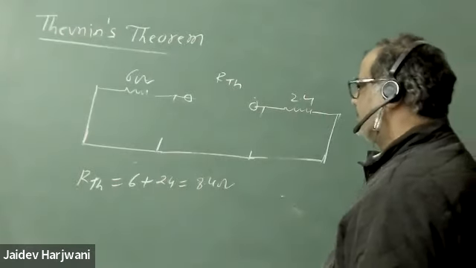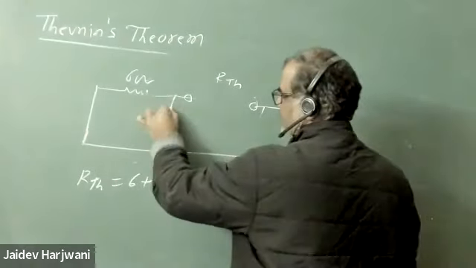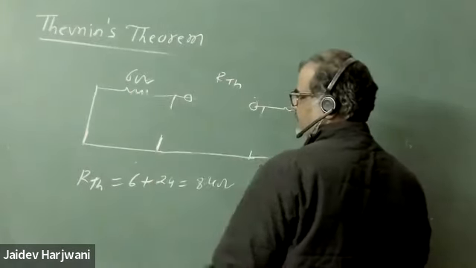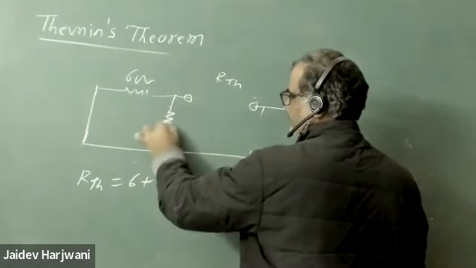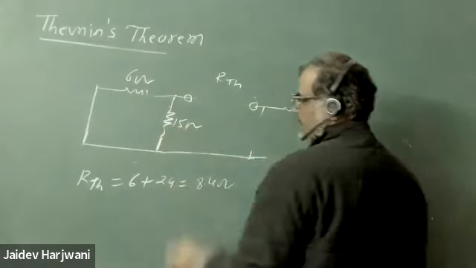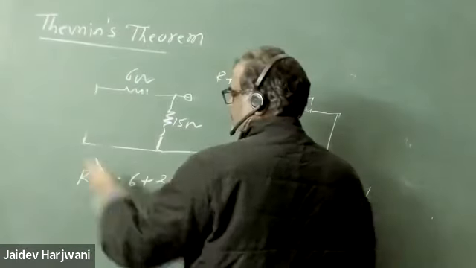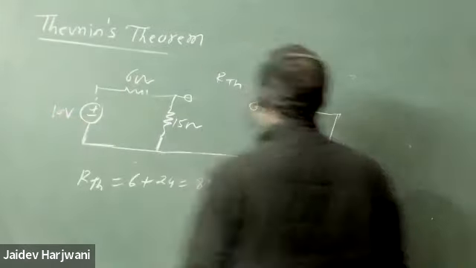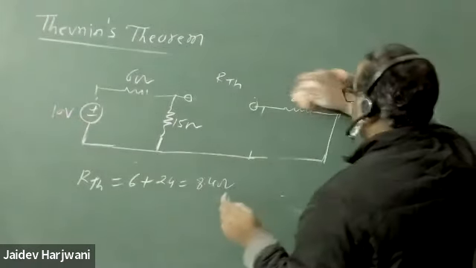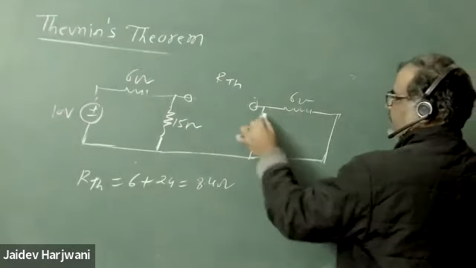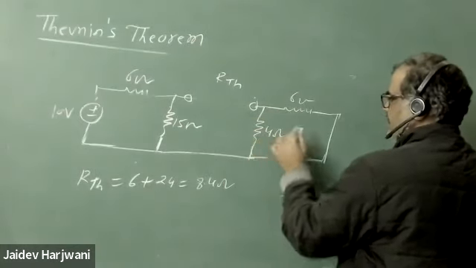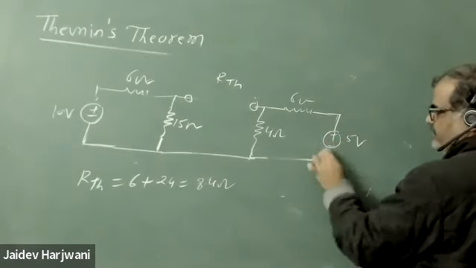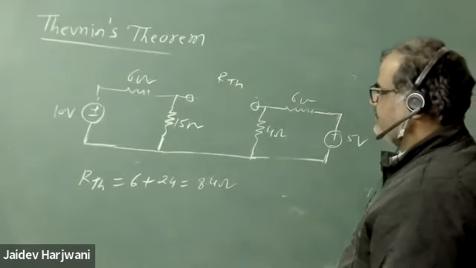Now let me calculate V open. So here what was the resistance? 15 ohm here, and how much was the voltage? 10 volts. And here I was having 6 ohm, and here 4 ohm, and the voltage was 5 volts.